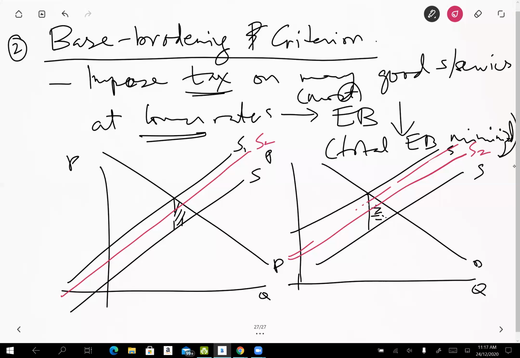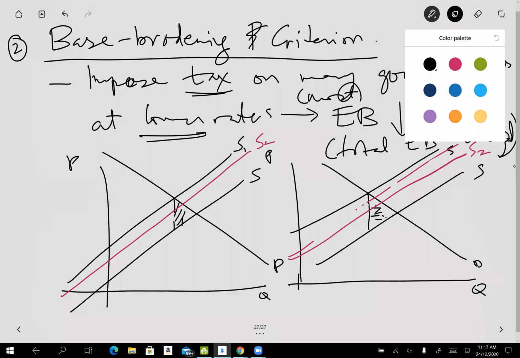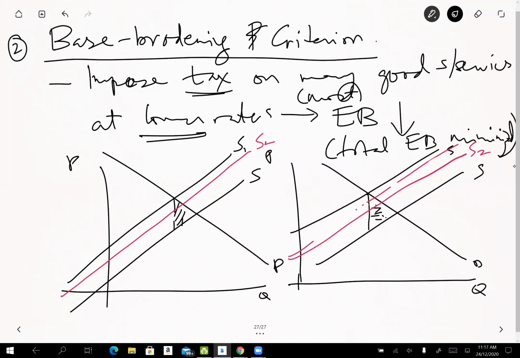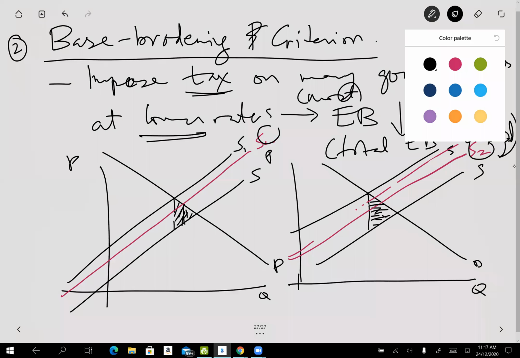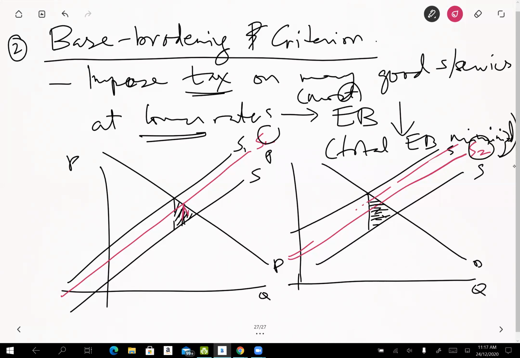You look at the situation before the tax. The total excess burden will be that black area, the triangle. Now, if I tax them smaller, with S2, our excess burden now will be that area here and the area here. What about the total excess burden of the two markets? Will it be smaller or higher?